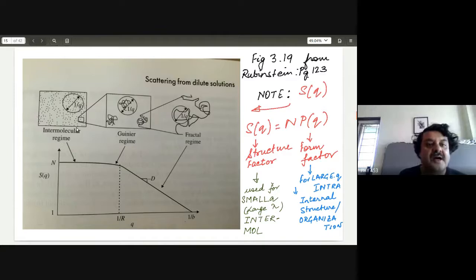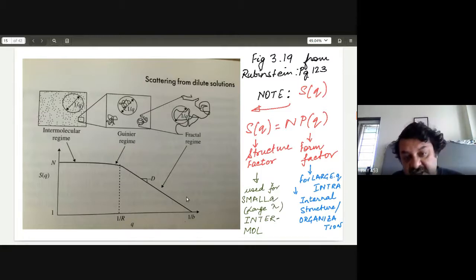In the middle, you will get the so-called Guinier regime, which we discussed. You can also extract P of q from there, and this is basically where your scattering wavelength is of the order of rg, the so-called Guinier regime.